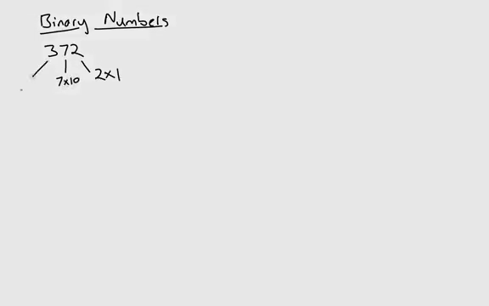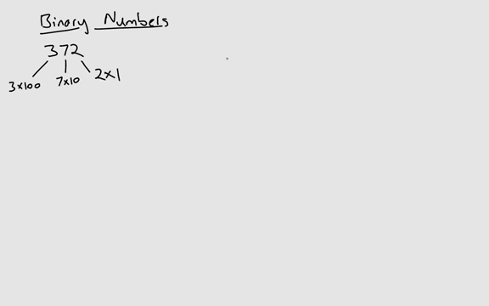And this bit is 3 times 100. So this is the decimal system based on tens. The rightmost number tells you how many ones you've got, then how many tens, then how many lots of 10 times 10, then how many lots of 10 times 10 times 10, and so on.